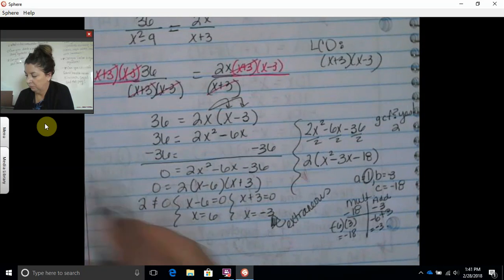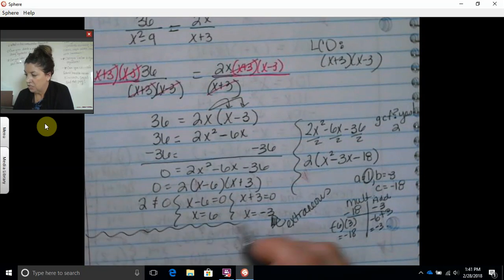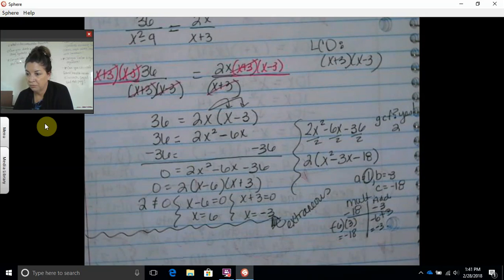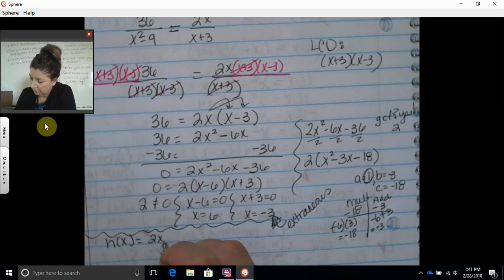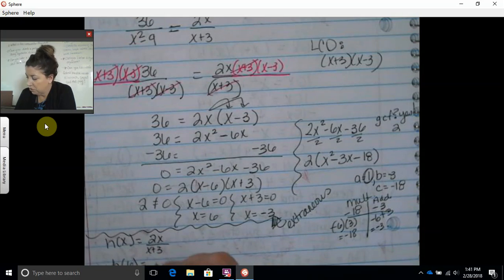Okay? So does it matter if I use function g or function h? No, I'm just going to use function h. And I'm substituting in a 6. So h of 6 equals 2 times 6 over 6 plus 3.